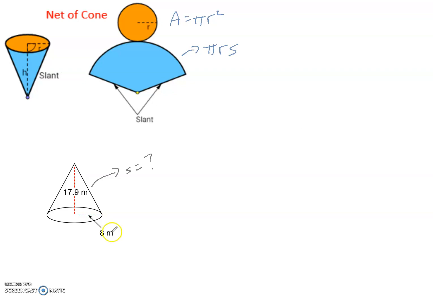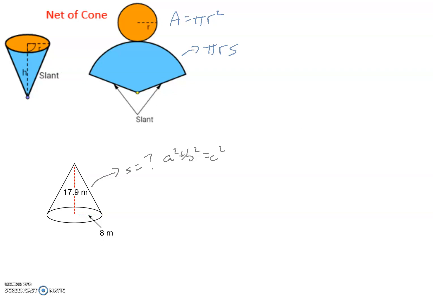We got the A side, which is the 8. The 17.9 can be the B side, and this is to be the C value, and then we can use Pythagoras to actually solve for it. So A squared plus B squared would be equal to C squared. The A value can be the 8, the B value could be the 17.9, not that it really matters which order you put them in. Square them, add them, and then square root your answer to get your C value using good old Pythagoras.